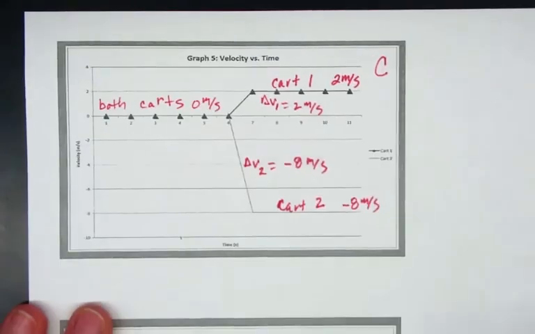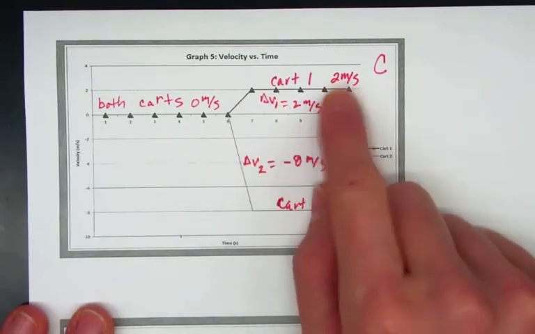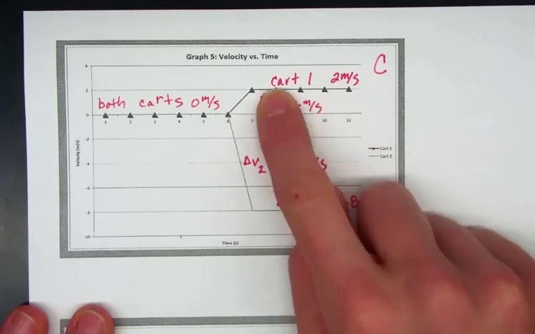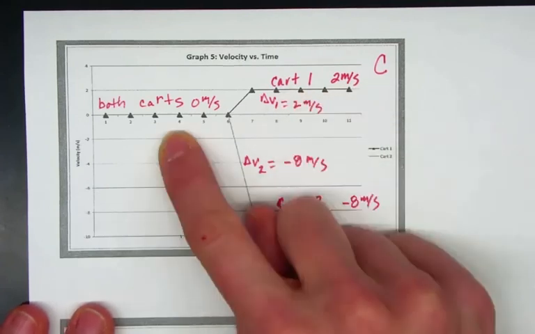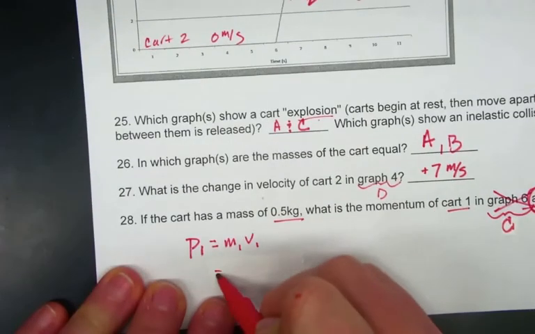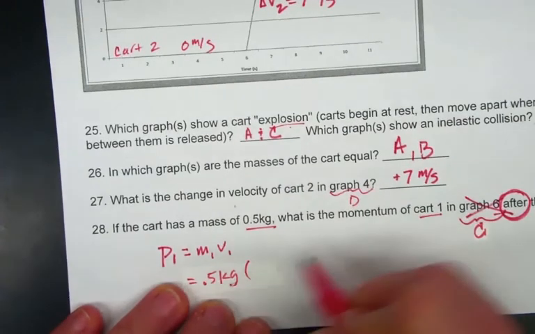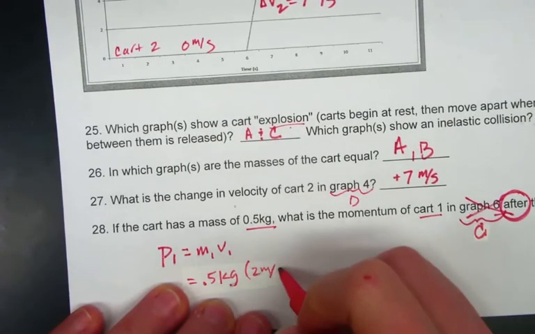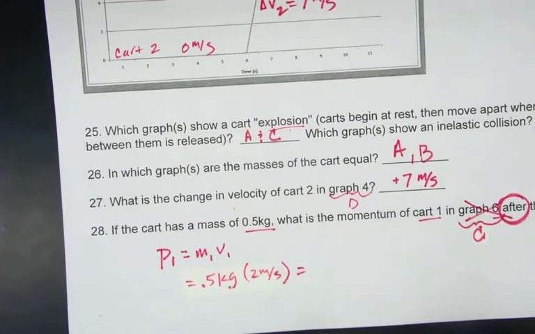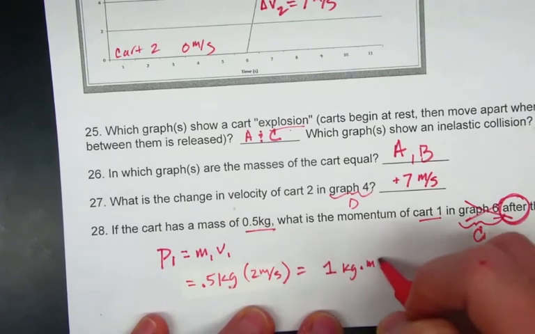So if we come up to graph C, for cart 1, the velocity is 2 meters per second after the collision. Remember, it was at 0, but now it's 2. So we're going to go 0.5 kilograms times 2 meters per second, and if you type that in your calculator, you get 1 kilogram times meters per second.